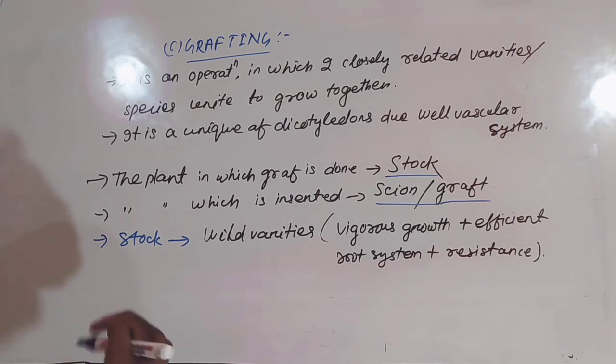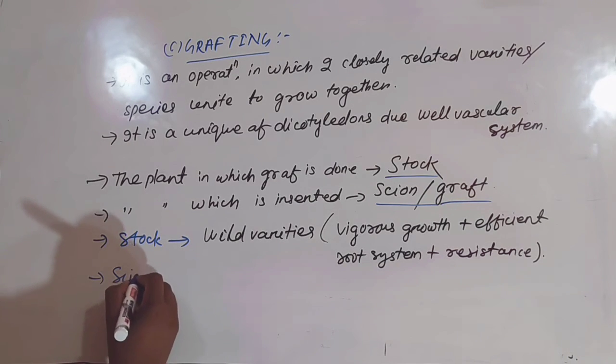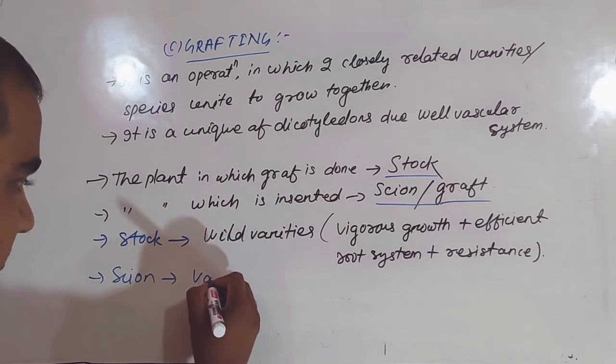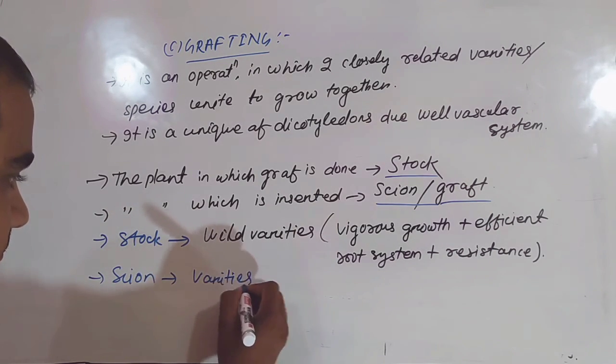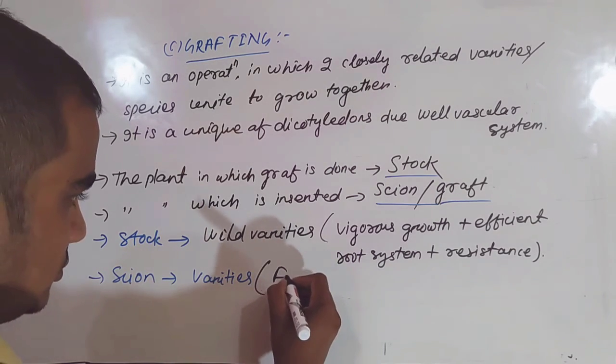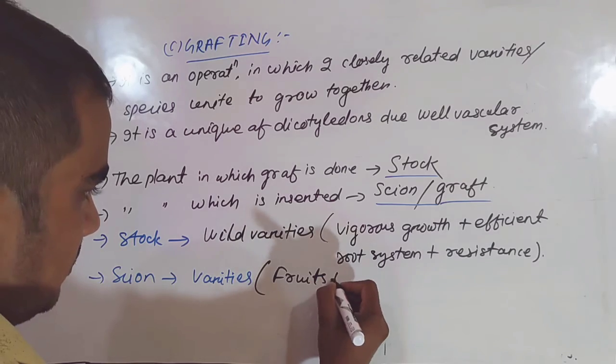The scion includes varieties such as better varieties of fruits and flowers.